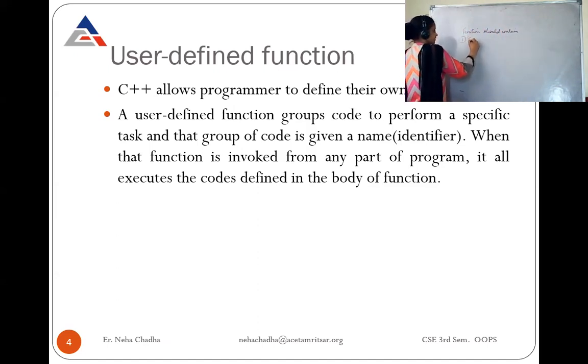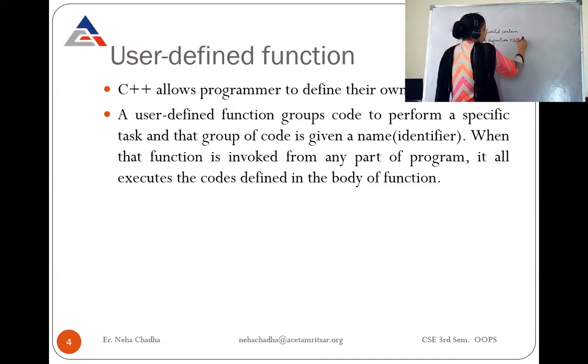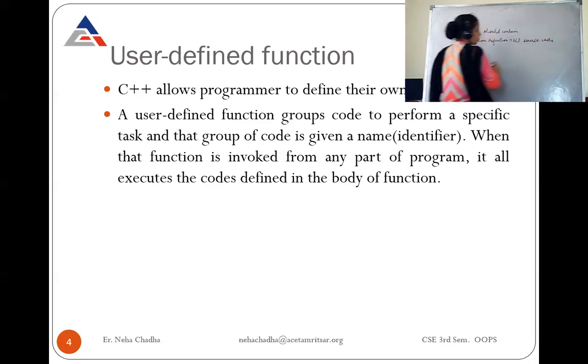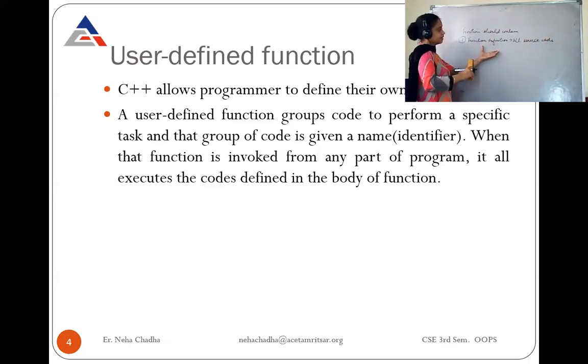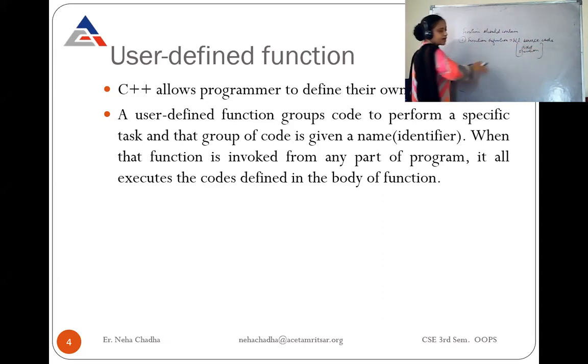First is function definition. In function definition, it contains all the source code of what your function will do. So if you want to add something, then you will make a whole code that will perform addition, add operations, whatsoever is in the add operation. This is in the function definition.